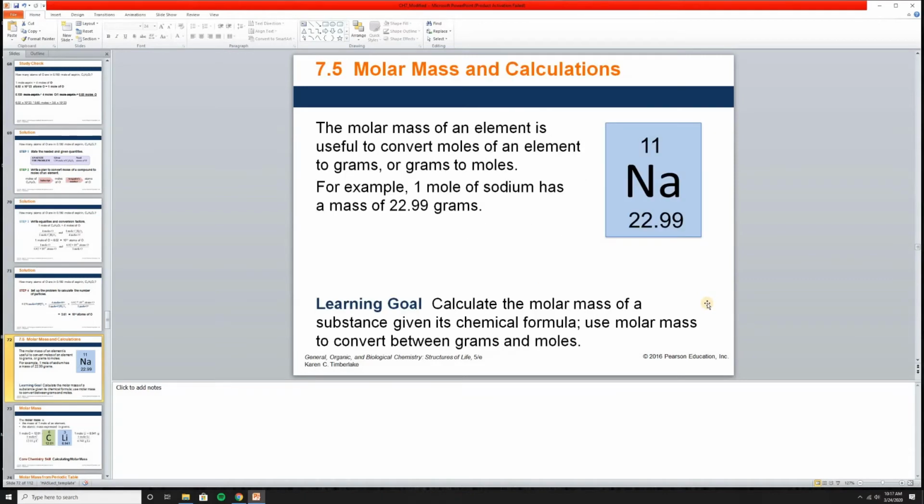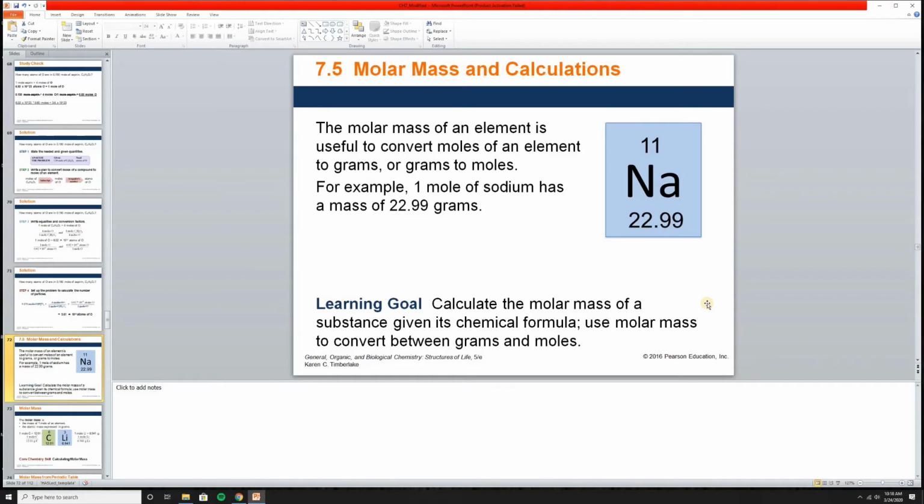Okay, moving on. The next skill is a pretty easy skill, called molar mass. It's a very simple skill. All it is is adding a bunch of numbers together that you see on the periodic table. You don't need to memorize any molar masses, because they're all given on the periodic table.